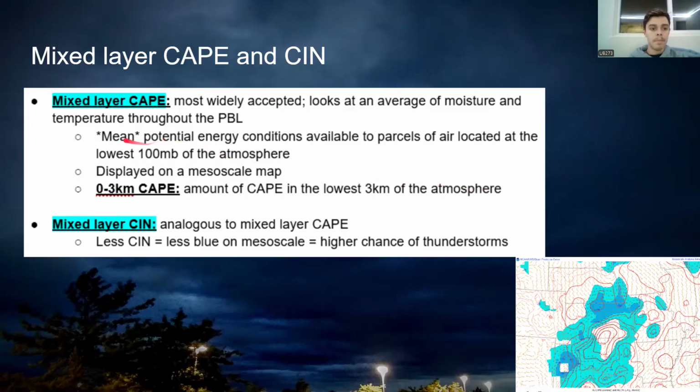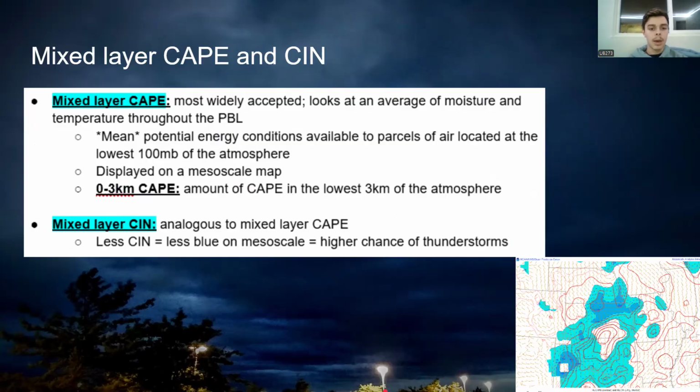So it's the mean potential energy conditions available. It's average, that's the key thing. It's the mixed layer: mean potential energy conditions available to a parcel of air located in the lowest 100 millibars of the atmosphere. This is what we see when we are looking at a mesoscale map such as this.